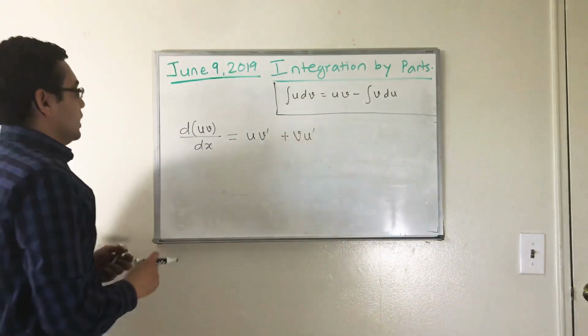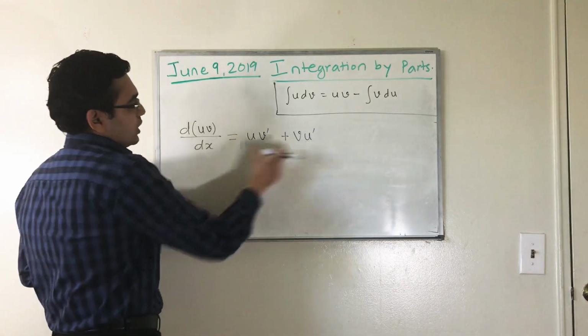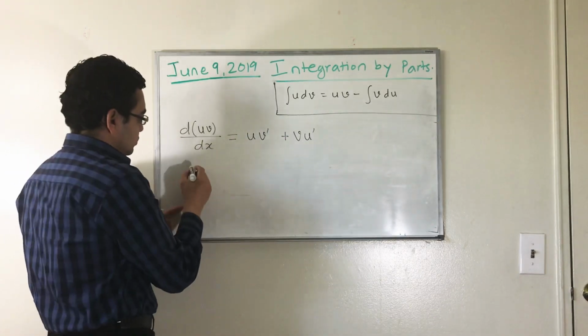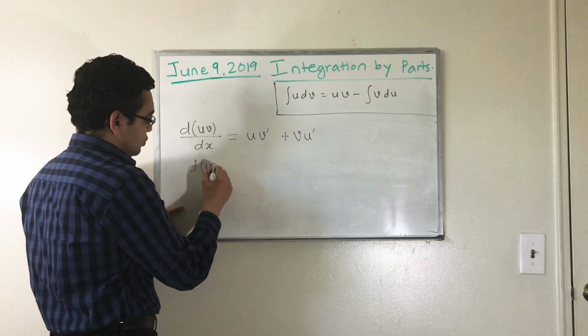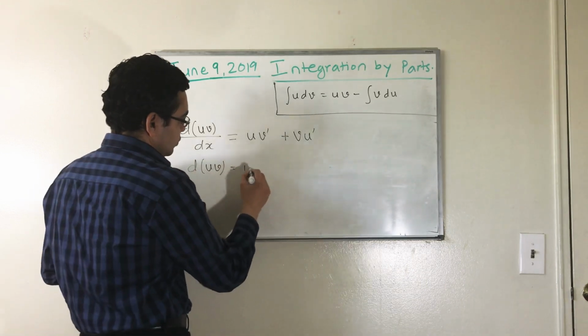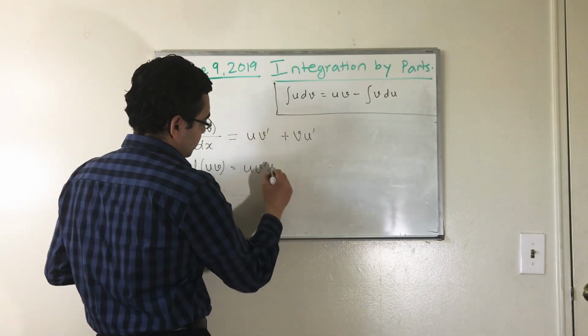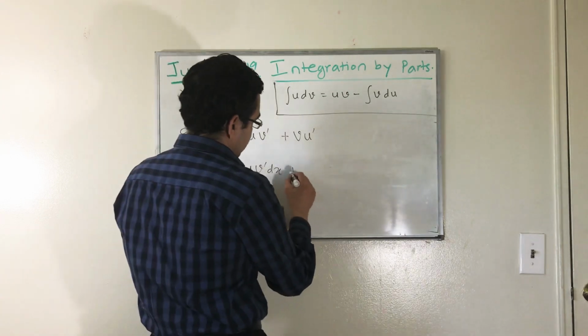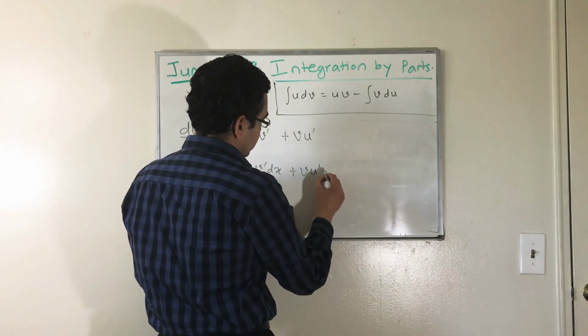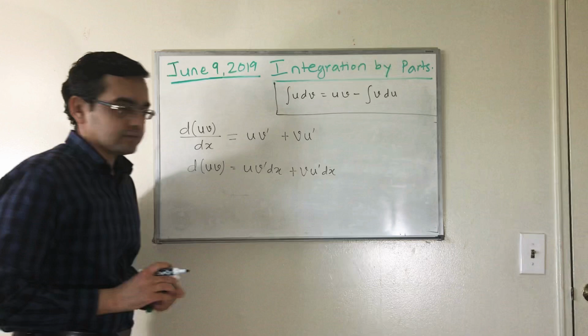Now I'm going to multiply both sides with dx. So what I get is d(uv) equal to u v prime dx plus v u prime dx.